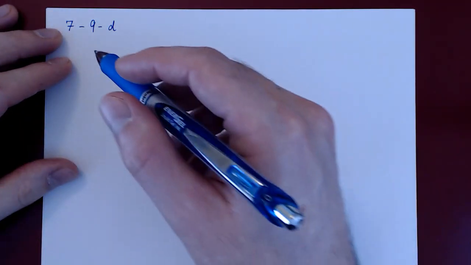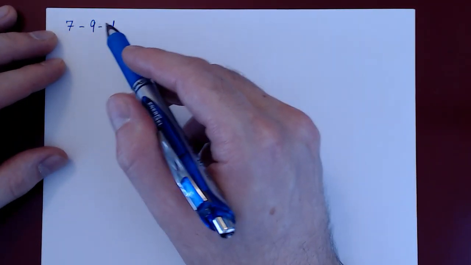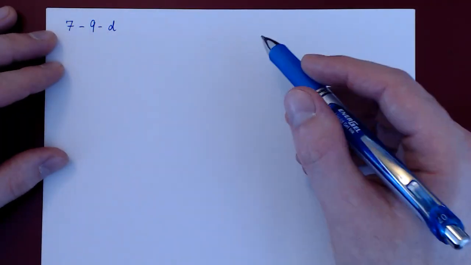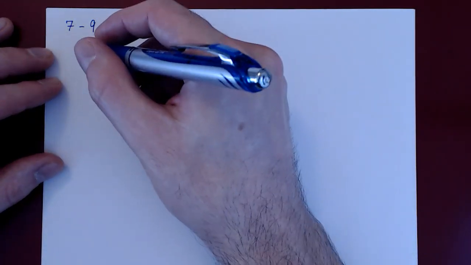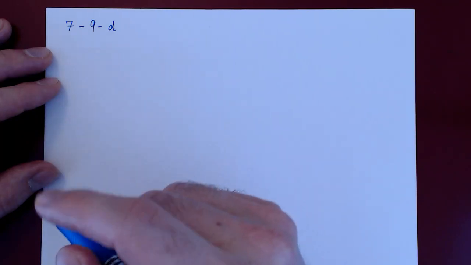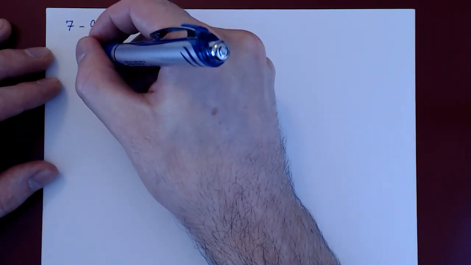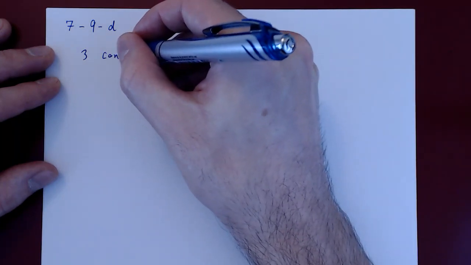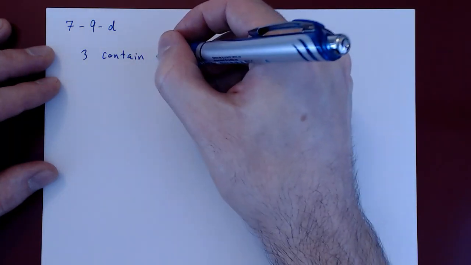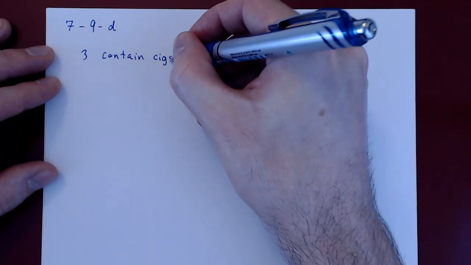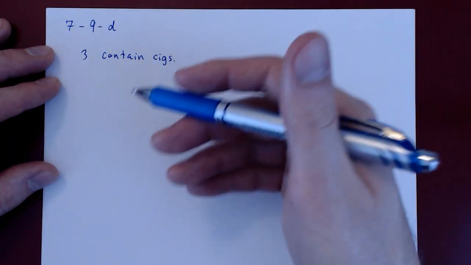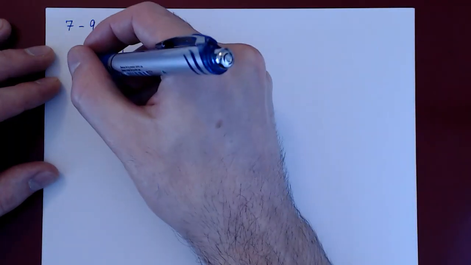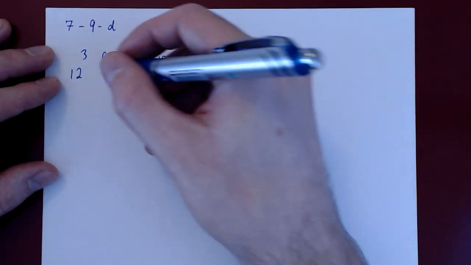Okay, so in this video, we will solve problem 9D from problem sheet number 7. If you recall the setup, there are in total 15 cars, 3 of which contain counterfeit cigarettes, and the remaining 12, as there are 15 cars in total, do not.